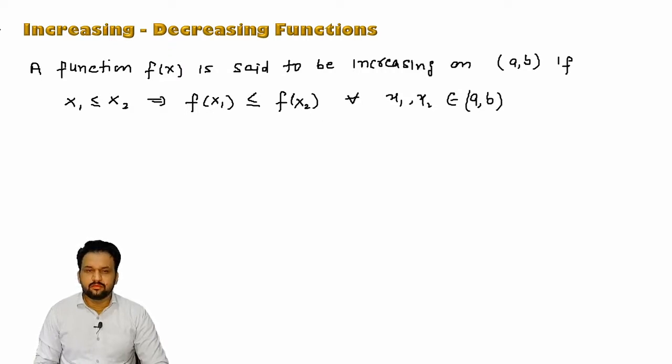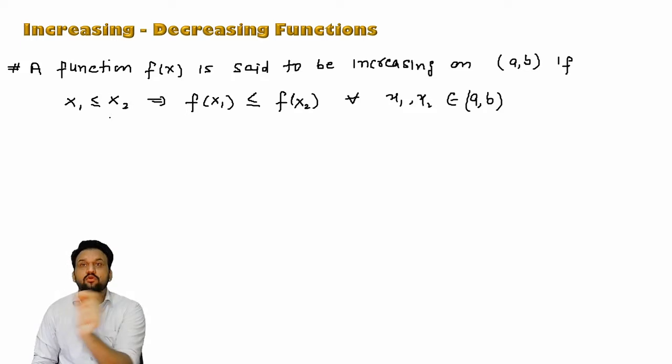What is the meaning of this definition actually? The point is that a function is known as an increasing function if you have an interval and you take two points from this interval, such that one point is less than the other, like if one is a small point and the other is a greater point, like 2 or 3.